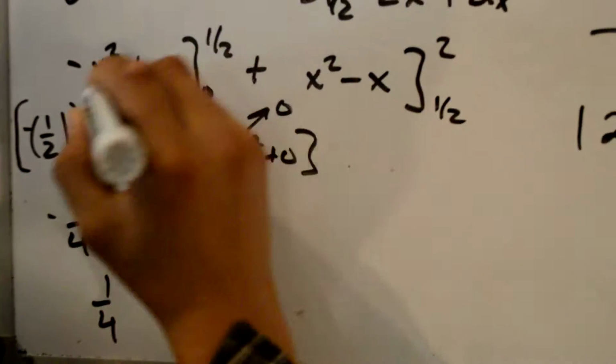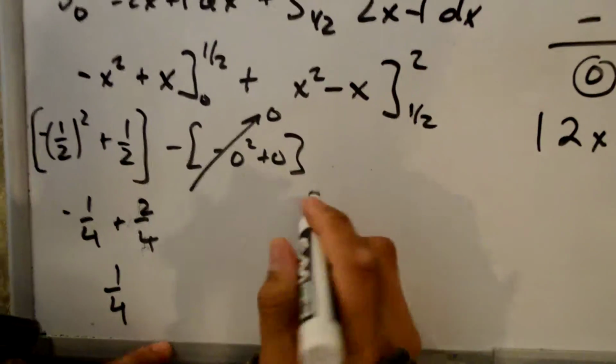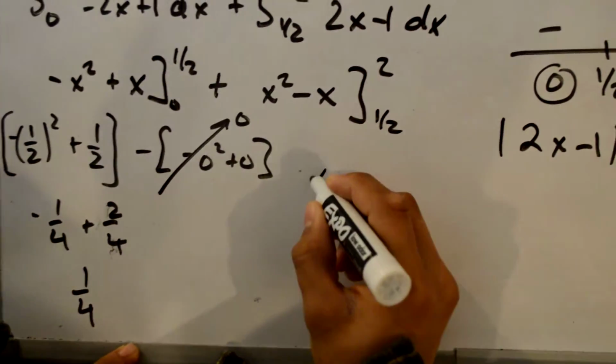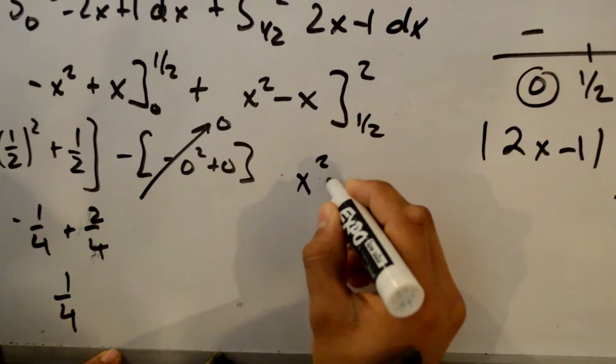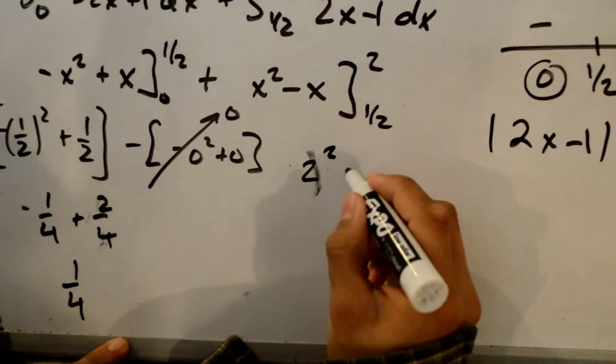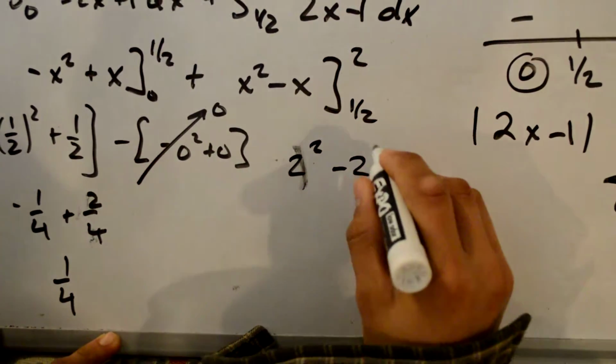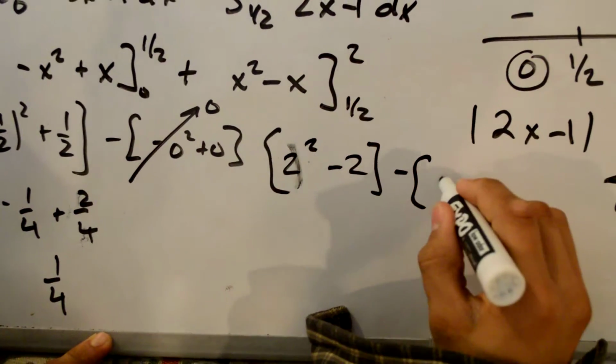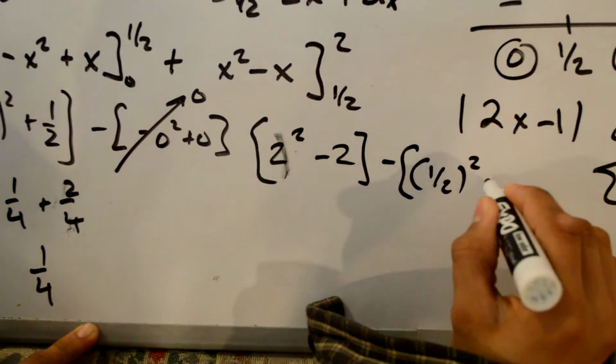So now we already did this side. Now we're going to have to do this side. It's going to be x squared minus x, so 2 squared minus 2, minus, evaluated at a, 1/2 squared minus 1/2.